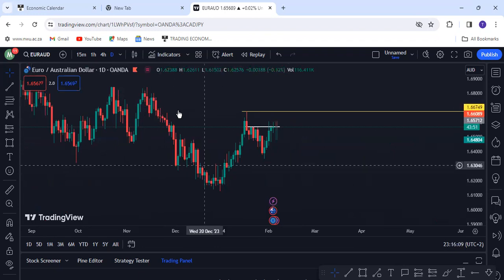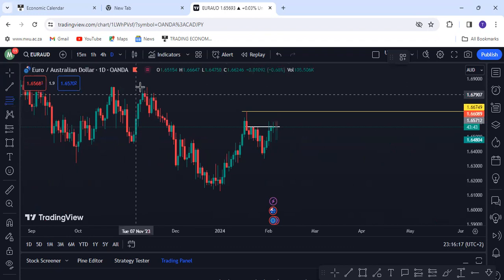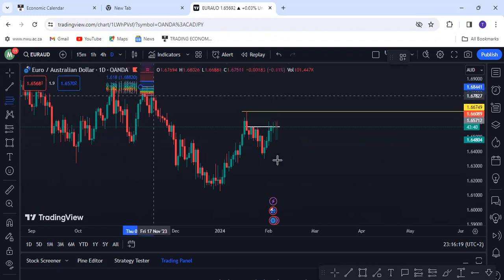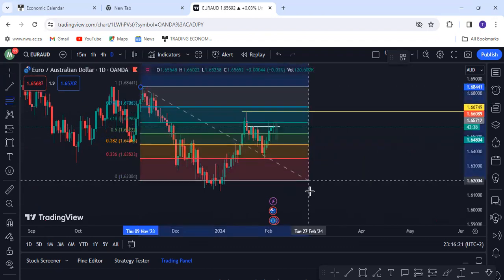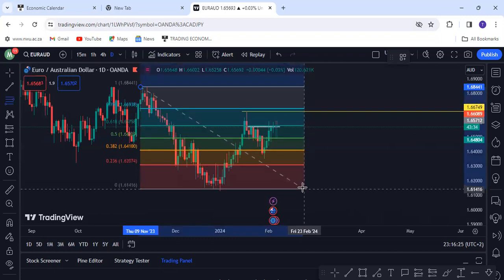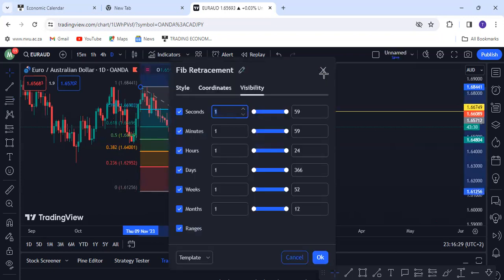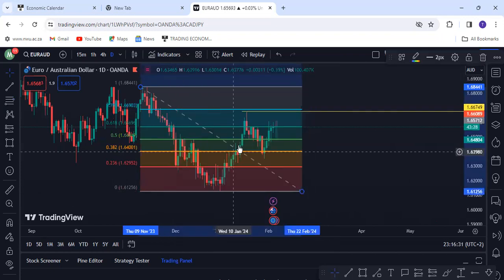So we've got a move to the downside and then the market pulls back. I think this pullback was more than a 50% fib retracement, meaning that euro Australian dollar was at fair value here, which is 50%, meaning that there is an agreement between buyers and sellers.